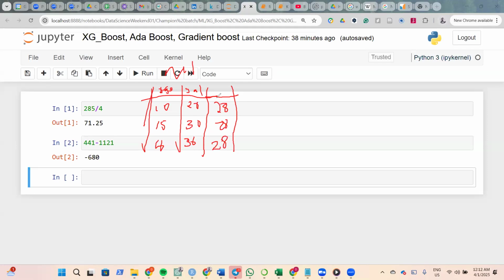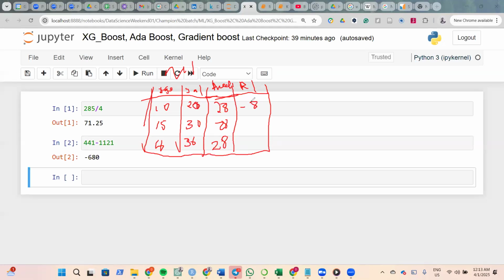So let's say this is going to be pred 1. Now, after pred 1, I have to calculate residual 1. The residual 1 is going to be actual minus predicted. So in my residual 1, I'm going to have the actual minus the predicted value. So I'm going to have 20 minus 28.